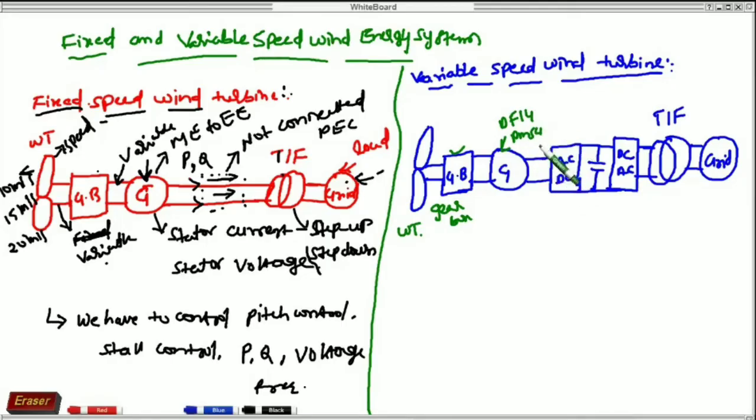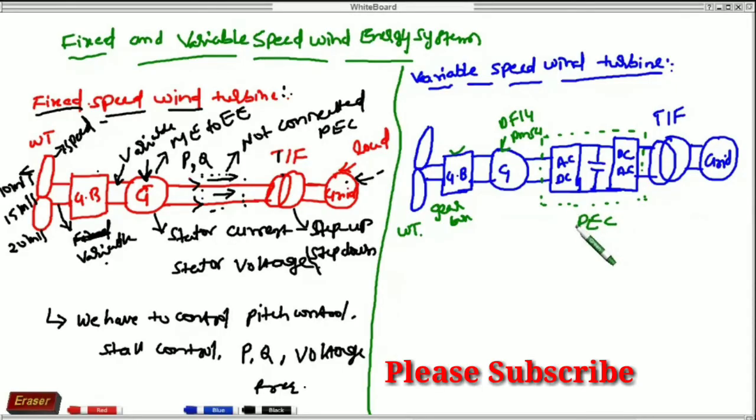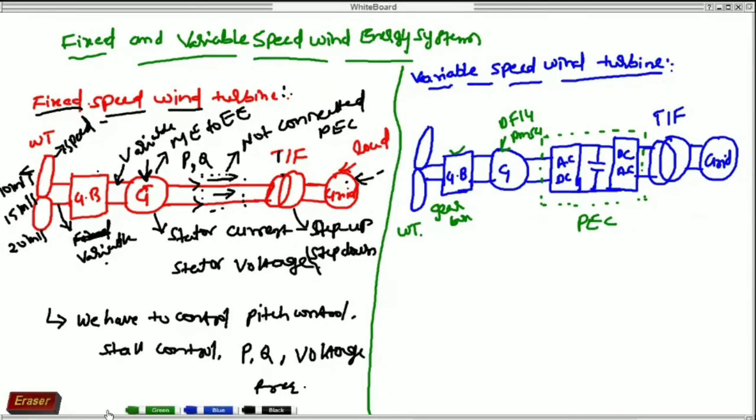In this section we connect power electronics converters, PEC. This is the RSC and this is the GSC, and this one is the DC link voltage.